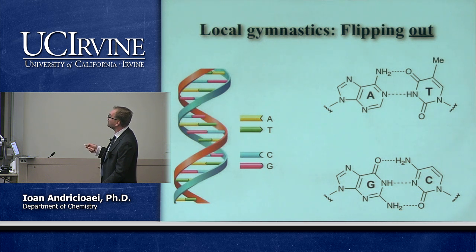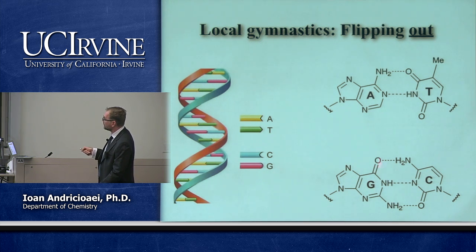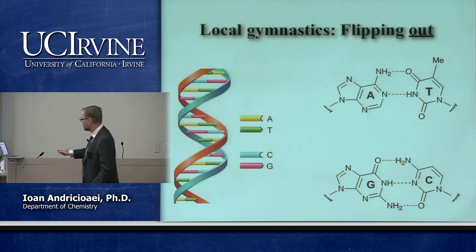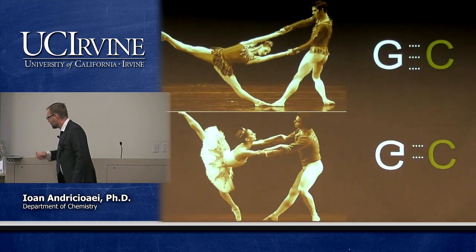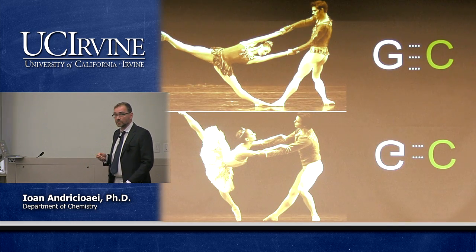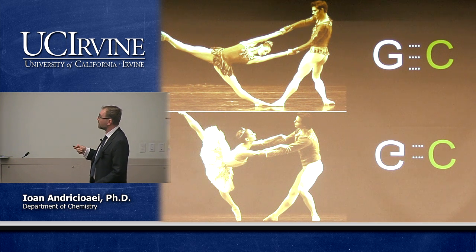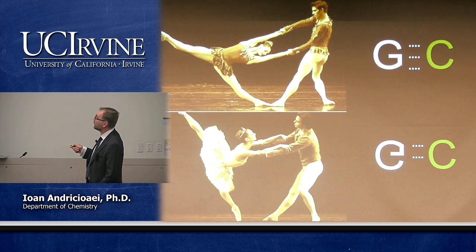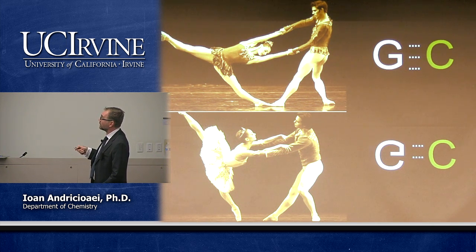G and C involves 3 hydrogen bonds. So let's make this akin to the way in which these 2 ballet dancers hold on to each other. They grip at 3 points, right?